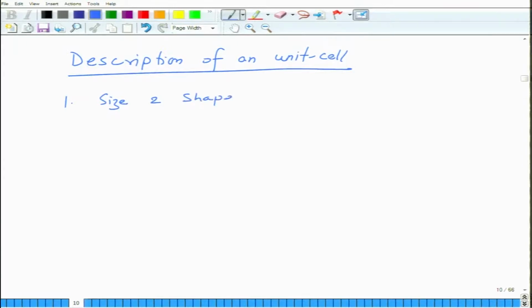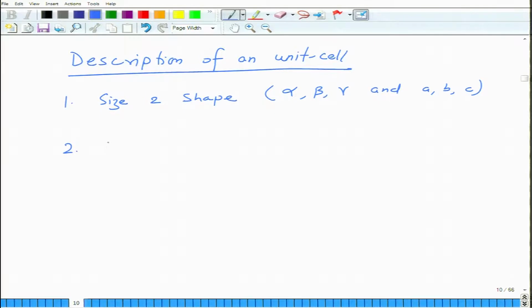Size and shape is determined by alpha, beta, gamma and A, B, C. What is the other thing that you require? Now, if you replace the points by atoms, points are taken for the sake of convenience, because atoms can make it a little complicated. You may not have just one type of atom, you may have different types of atoms. So, that is why we just begin with the point. Now, let us say we replace the point by an atom, an identical atom.